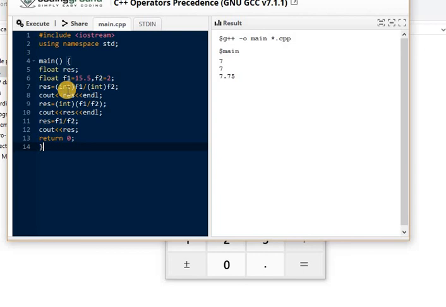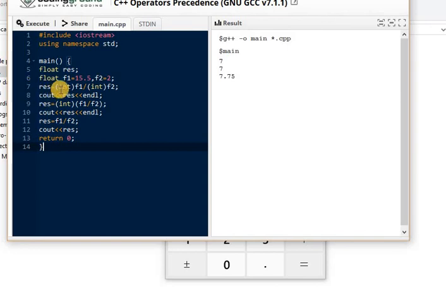Now result equal to integer f1 means what? This f1 is 15.5 but it is converted into the integer data type. So the value 15.5 becomes 15, divided by 2. F2 is 2, so it remains as it is. So 15 divided by 2. Now the answer of this is 7.5.